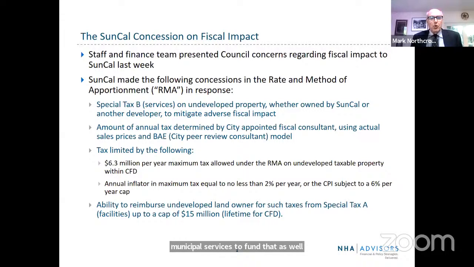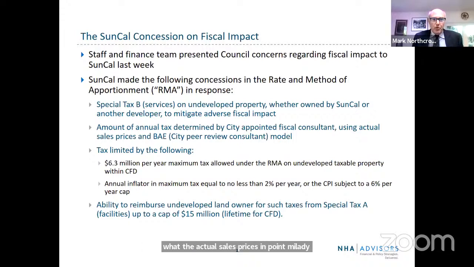What SunCal agreed to do was to allow a special tax for services on undeveloped property, presumably owned by SunCal or merchant builders, that would cover the negative fiscal impact based on an annual analysis done by a fiscal consultant retained by the city, not by SunCal, that would use the actual sales prices, again, acknowledging there have been different opinions of what the actual sales prices in Point Melati will be.